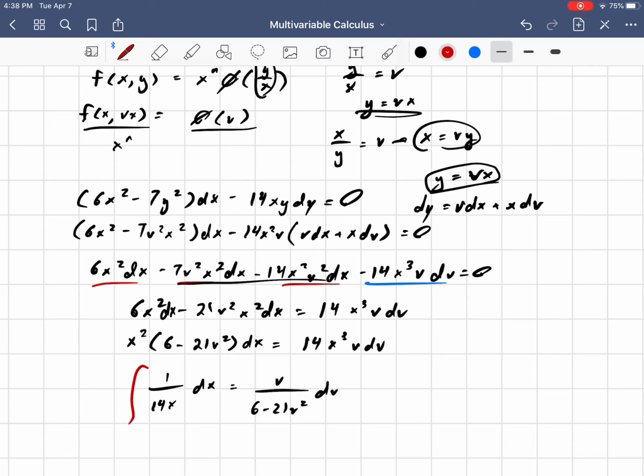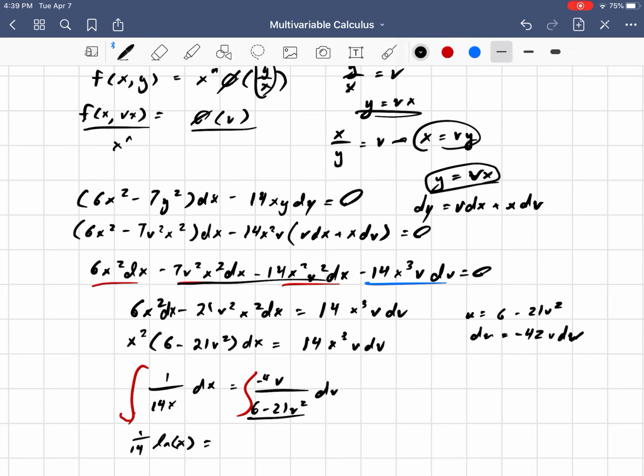So integrate both sides here. This is 1/14 natural log x. And this is equal to, now, the second integral can be done with u substitution. Let u be equal to 6 minus 21v squared. du is negative 42v dv.